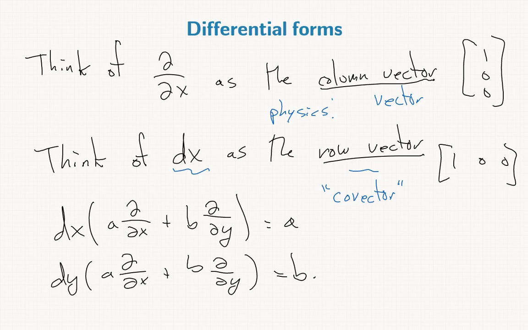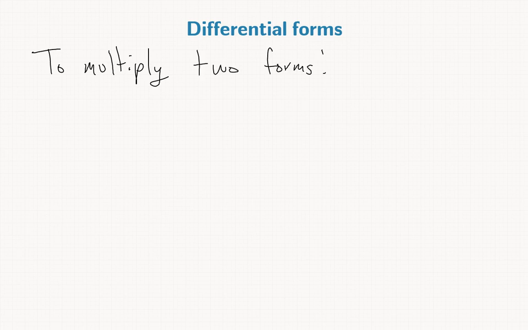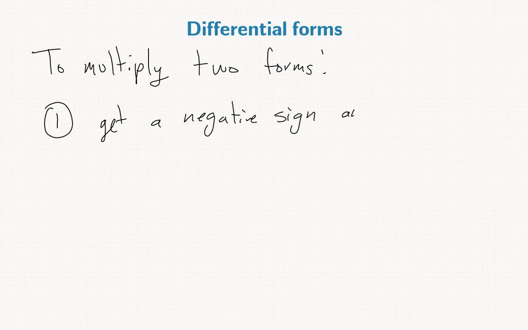So I'll do an example in a second, but first I want to talk about area forms. Okay, so to multiply two forms, there's a couple of rules. So we get a negative sign anytime we swap the order of two things.